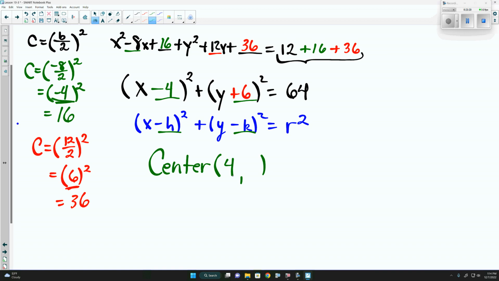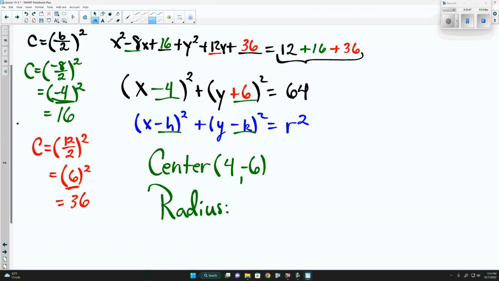Because x minus h, x minus 4, the x's match, the minuses match, so h is 4. The other one, y's match. So k is 6, but as we pull the values out, we have to change the sign from what it has written.